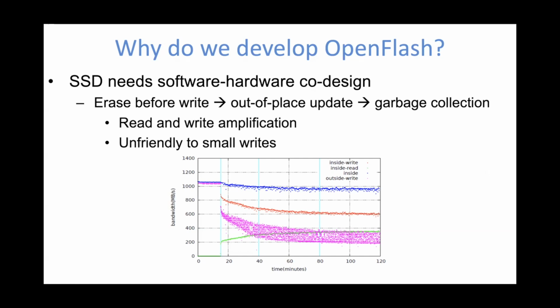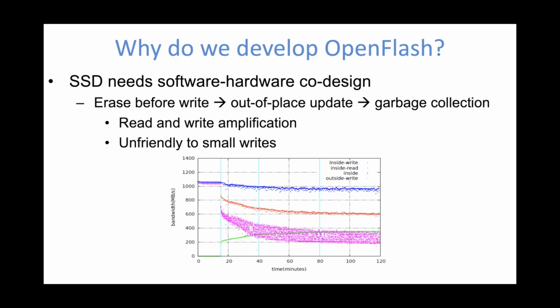In order to avoid erase before write, SSD firmware uses remapping to execute out-of-place update. So when updating a piece of data, SSD maps the data into a new location, and the old location of this piece of data becomes invalid. Then SSD executes garbage collection to reclaim this invalid data.